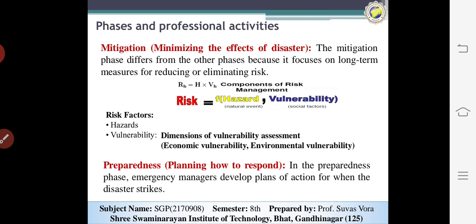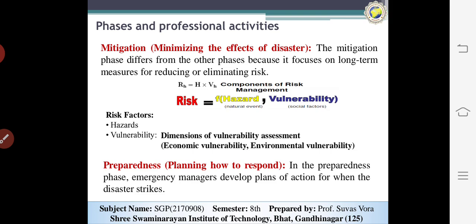In these four stages, we can easily understand with the current situation, the corona situation. If I consider the first stage, mitigation minimizes the effect of disasters. So in the first stage of corona, at that time we applied the first lockdown.